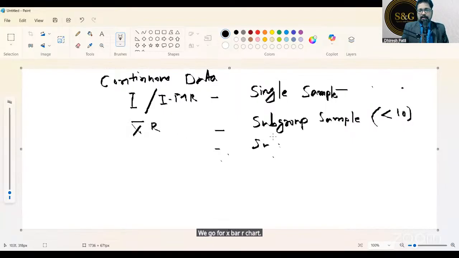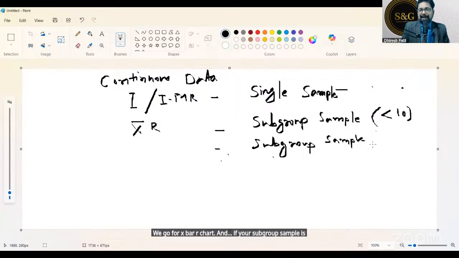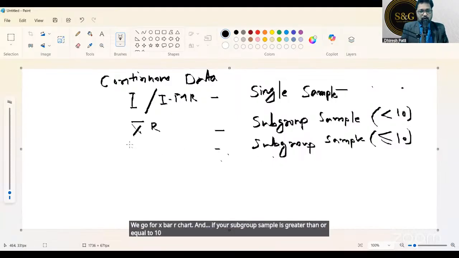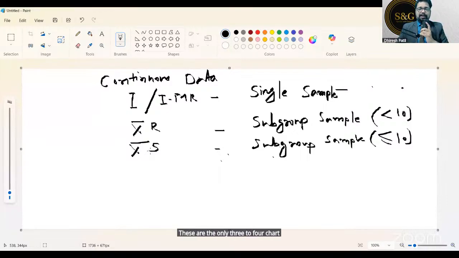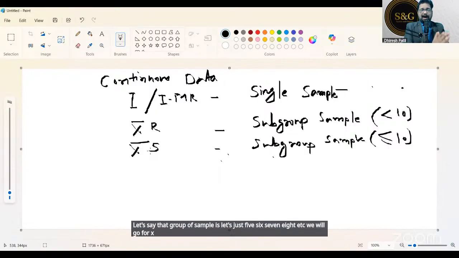And if your subgroup sample is greater than or equal to 10, then we go for the X bar S chart. These are the only 3 to 4 charts we are using for continuous data. Just make a note of this. If we are taking a group of samples, let's say 5, 6, 7, 8, we will go for the X bar R chart. X bar R meaning X bar is the mean and R meaning the range.